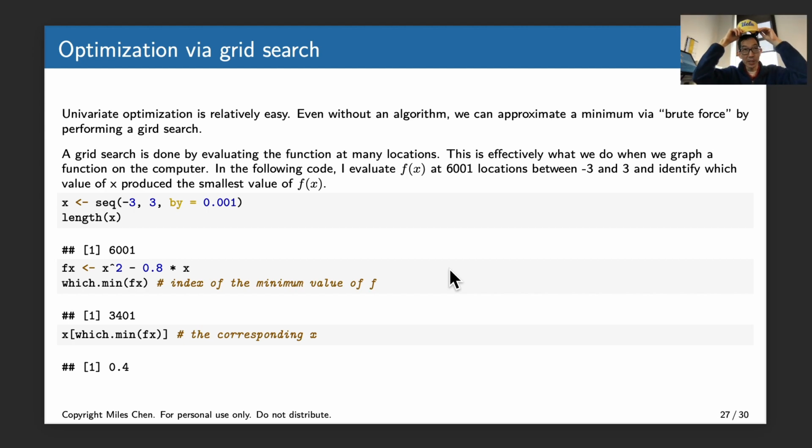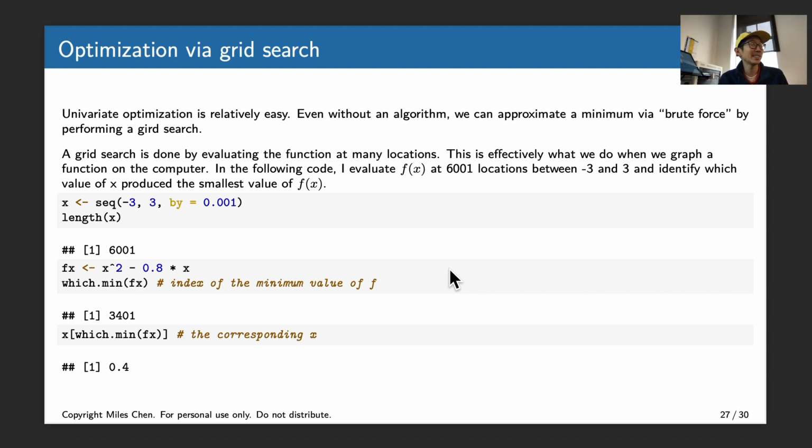Doing a grid search. And basically, what you would do is you would just evaluate the function at a whole bunch of locations, and you'd say, okay, this location produced the smallest value, therefore the minimum is right around there, okay?